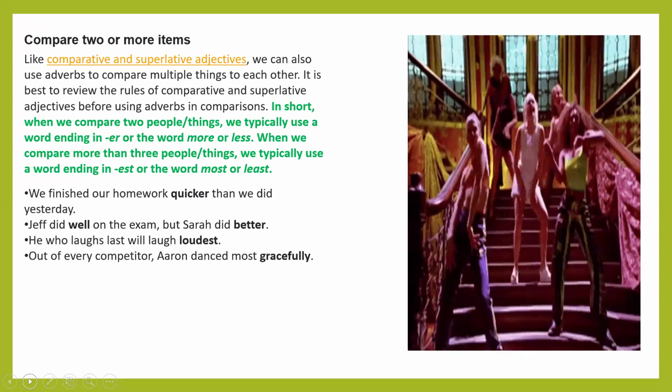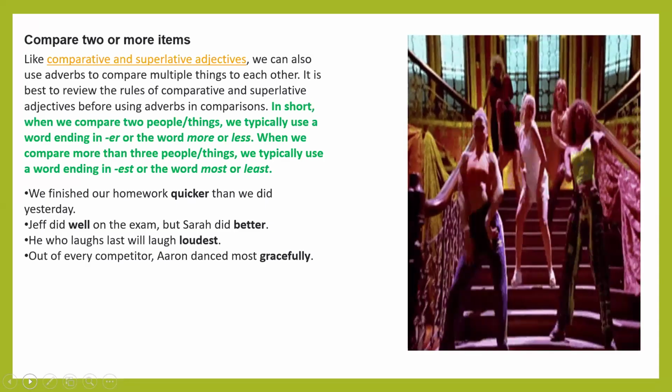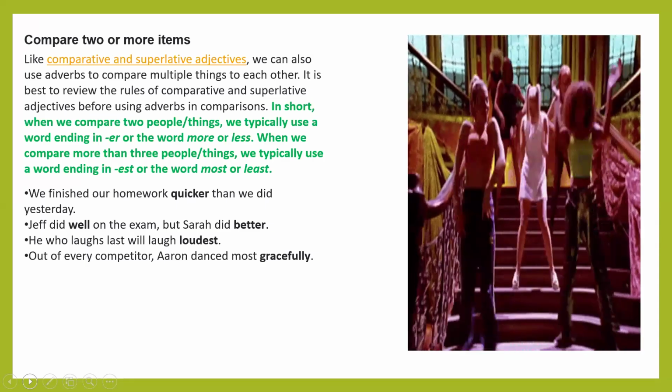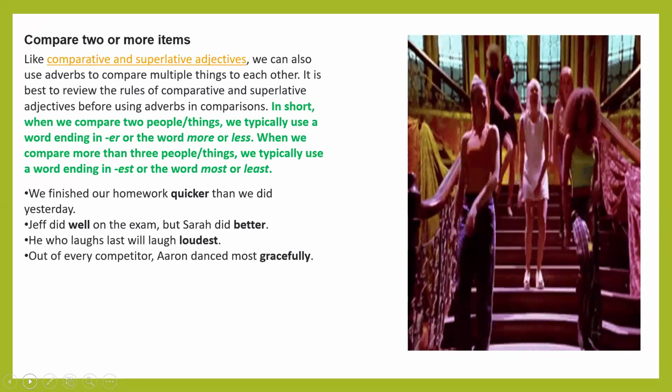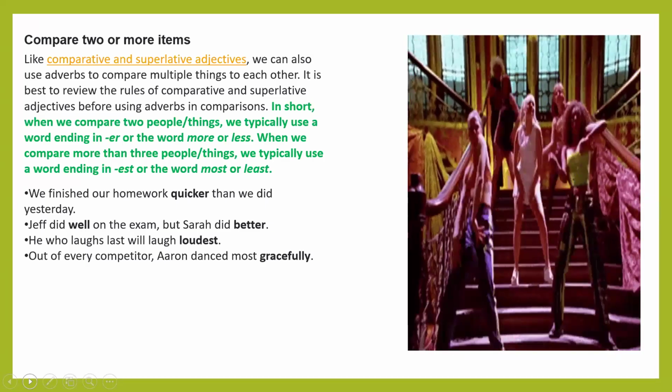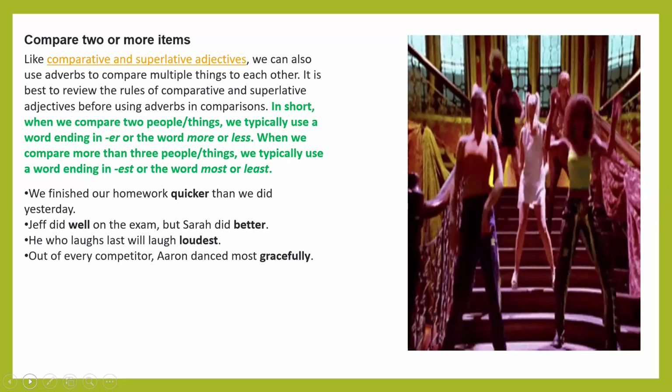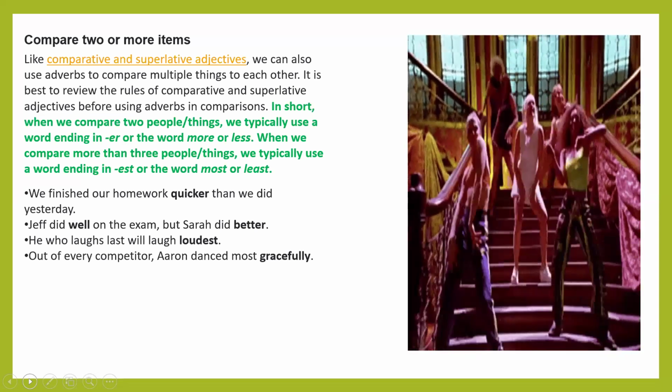We typically use a word ending in est or the word most or least for superlatives. We typically use a word ending in er or the word more or less when we compare two people or two things. Here the examples are: We finished our homework quicker than we did yesterday.